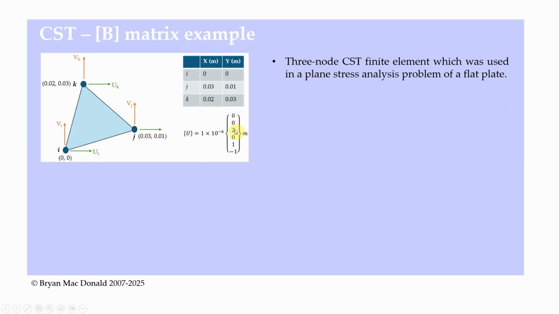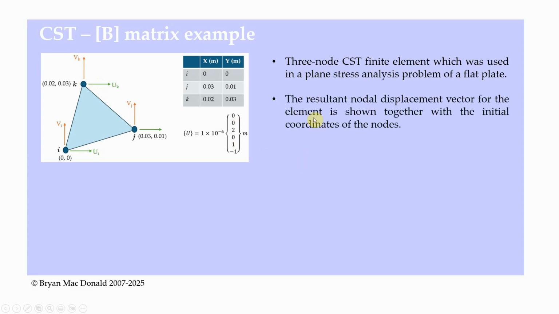Node J moved 2 by 10 to the minus 6 in the x direction and 0 in the y direction. That one there, it just went over this way a bit, didn't go up. And then node K, which is this one here, moved across 1 and down minus 1. Okay, so it moved over this way a little bit and down a little bit as well. Okay, so that's what that nodal displacement vector is telling us.